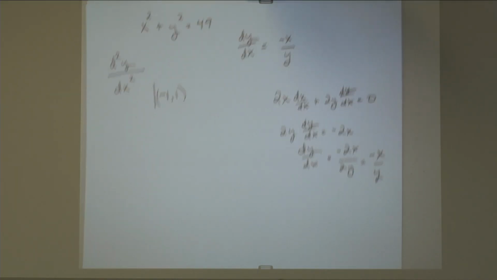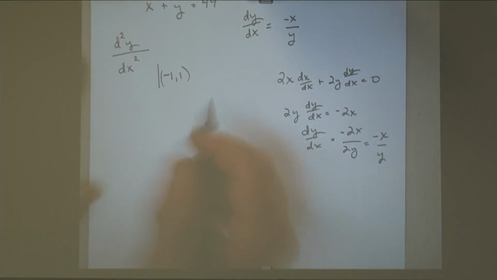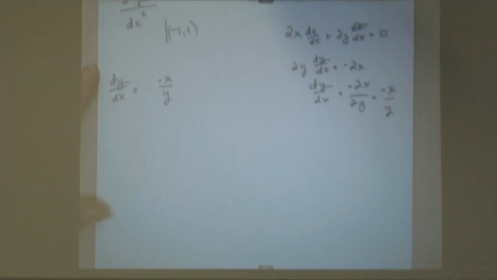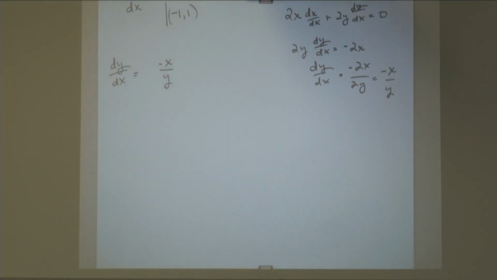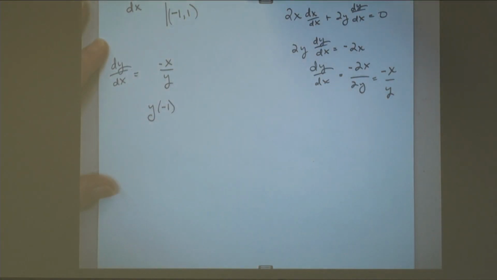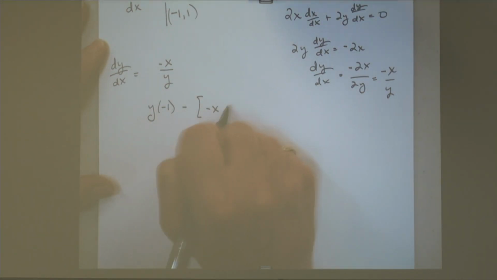Okay, so here we go. Now we've got to head to the second derivative. So my first derivative is negative x over y. So its derivative, the second derivative, is, I'm going to do low d high. So I've got low, d high, minus high d low.